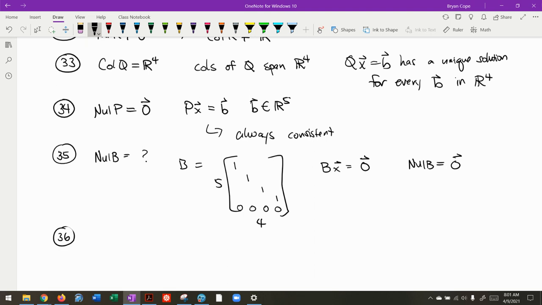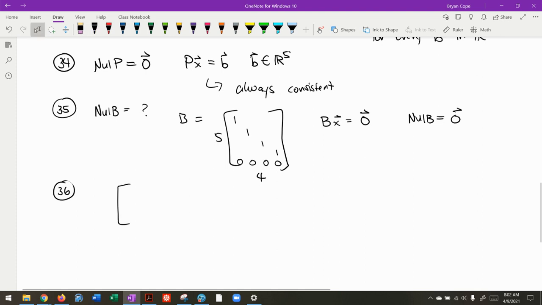Okay, and then 36. Last one. What can you say about the shape of an M by N matrix A when the columns of A form a basis for Rm? Well, if we have a basis and we span all of Rm, that means we have to have M pivots and N pivots.